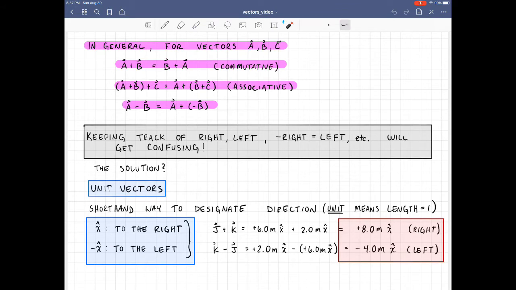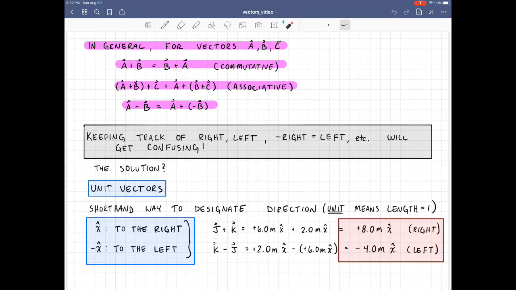And so if I use unit vectors, and unit means the vectors have length 1, and we denote unit vectors with little hats. So if I say that to the right is the x hat direction, well then to the left is the minus x hat direction.